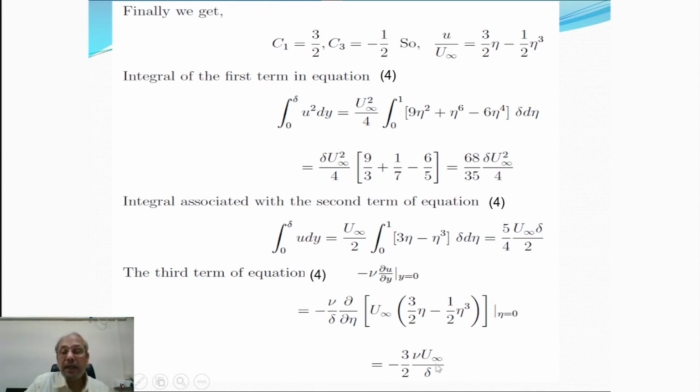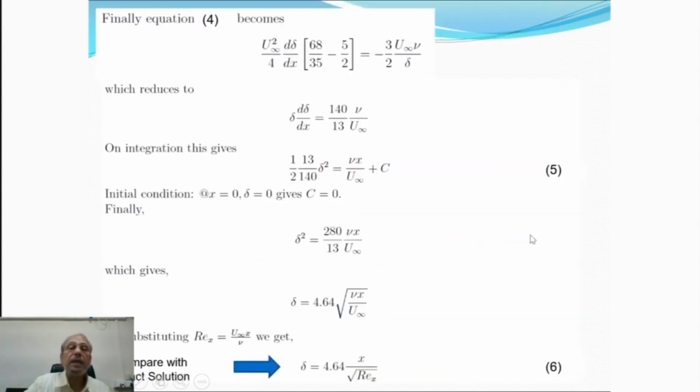So the right hand side is also evaluated. The left hand side had these two integrals, which have been evaluated. Plugging those in, we get u infinity square by 4 d/dx of delta times the bracket 68 divided by 35 minus 5 by 2, equal to minus 3 by 2 u infinity nu by delta.